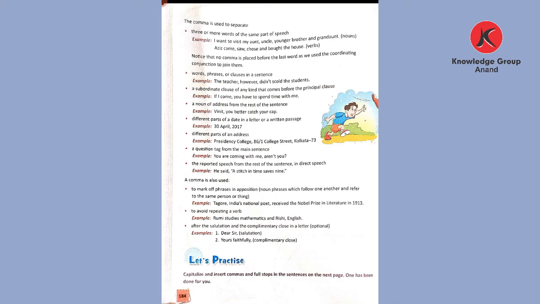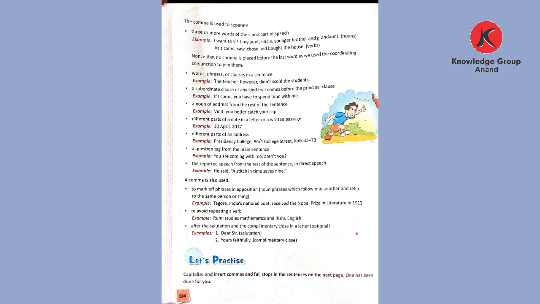A question tag from the main sentence: there also we can use a comma. A reported speech from the rest of the sentence in direct speech: there also we use a comma. The comma is also used to mark phrases in opposition, to avoid repeating words, and after the salutation and the complimentary clause in a letter, optional.